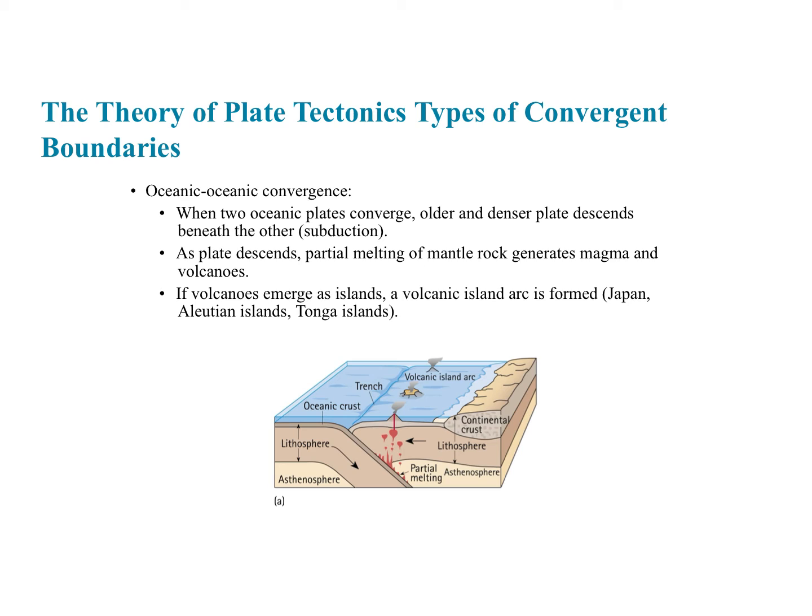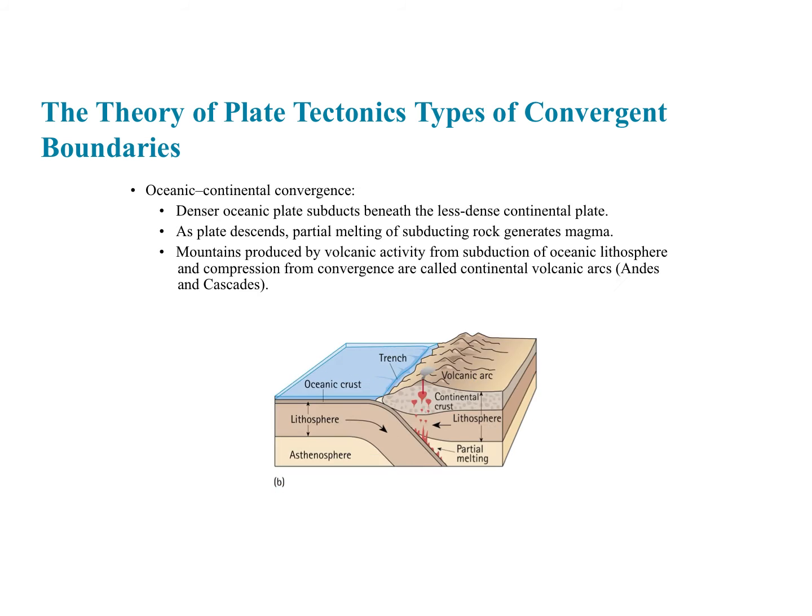And as the plate descends, there's a partial melting of the mantle. It generates magma and volcanoes. If volcanoes emerge as islands, a volcanic island arc is formed. Japan, the Aleutian Islands, the Tonga Islands, these are examples of the result of this kind of process.